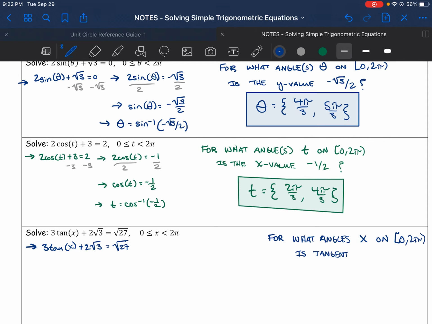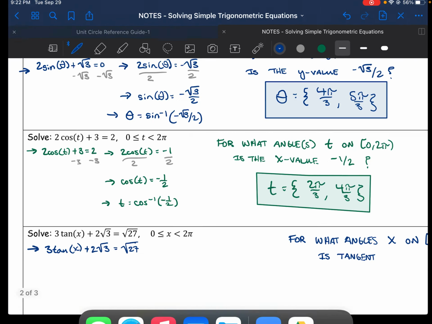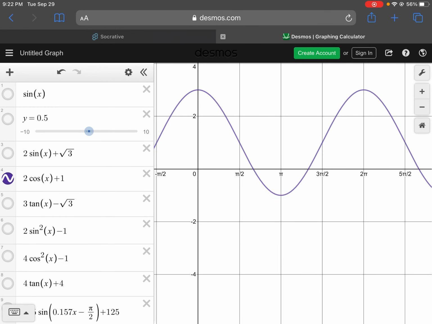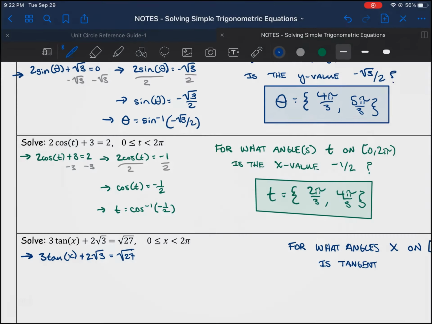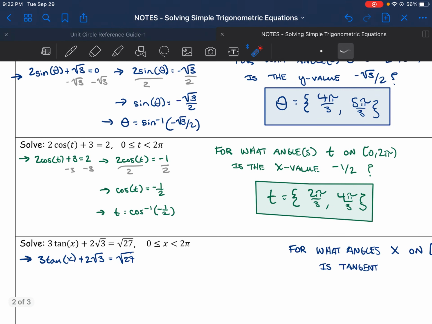All right. Moving to our third example, or actually real quick, let's go ahead and check that with Desmos, part of our AKS there. Notice that in Desmos, the equation that I'm graphing is 2 cosine of x plus 1. And the equation was 2 cosine of t plus 3 equals 2.